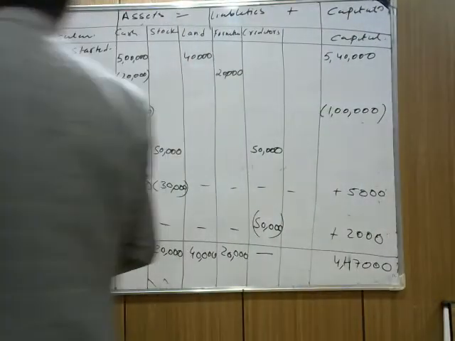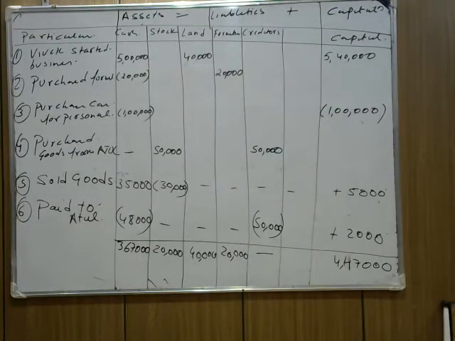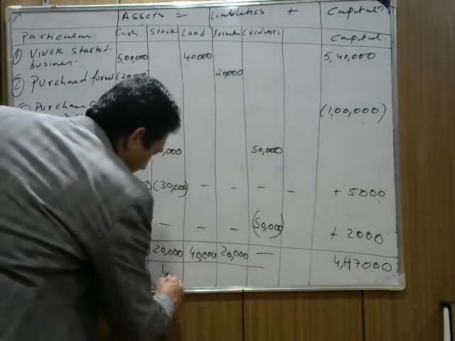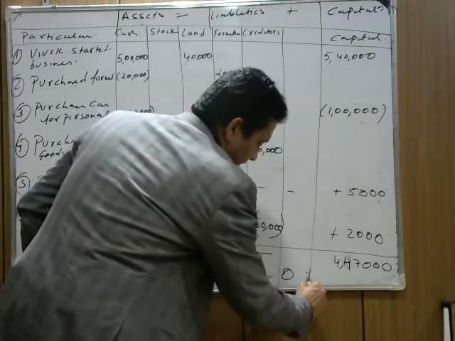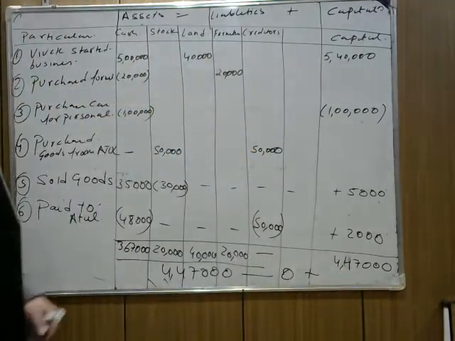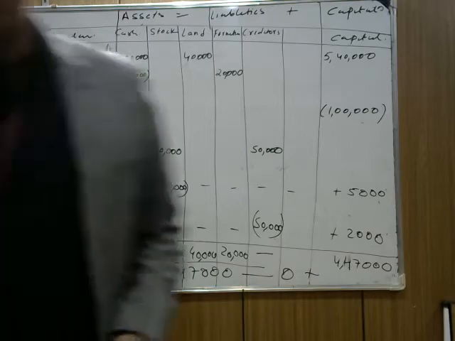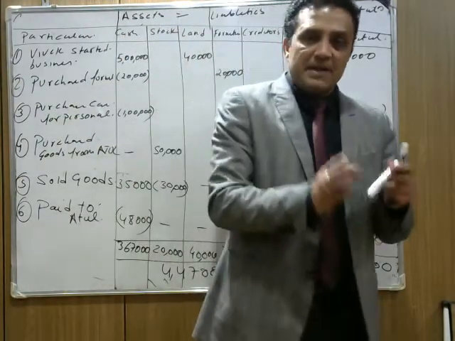So your cash is 367 plus 20,000 plus 40,000 plus 60,000, so 367 becomes 387, and 387 plus 40 plus 60 comes to 447. So your asset is equal to liability plus capital: 4,47,000. Your liability in this case is 0, but your capital is 4,47,000. So in this case, if you check, your accounting equation is matching.